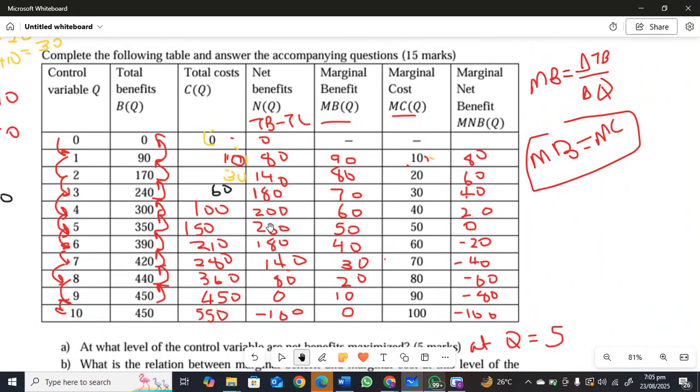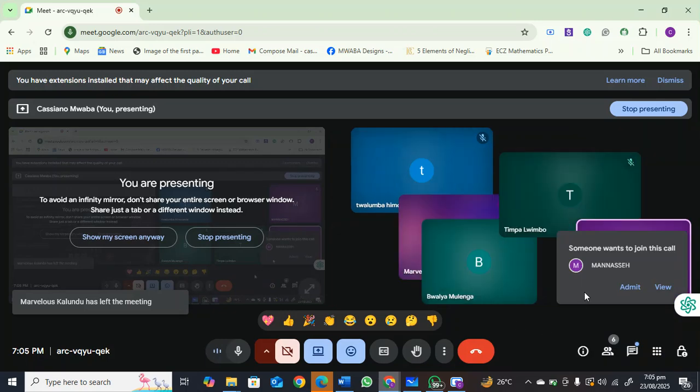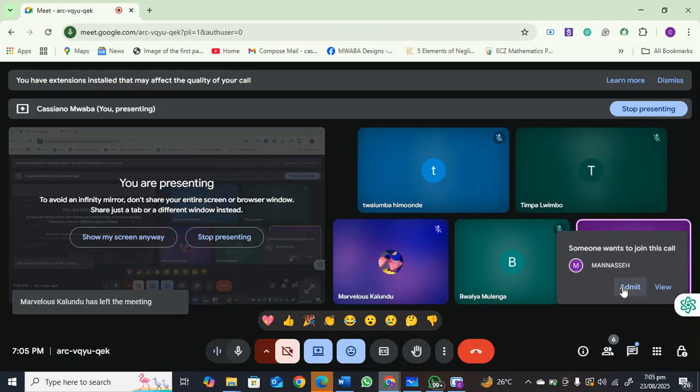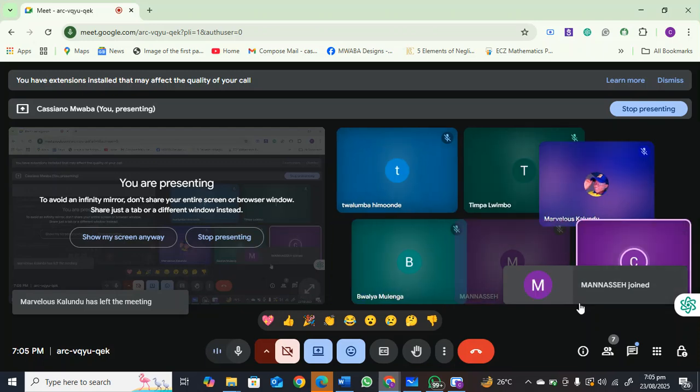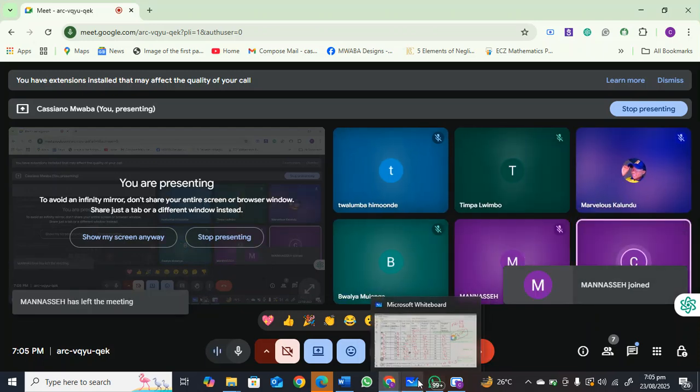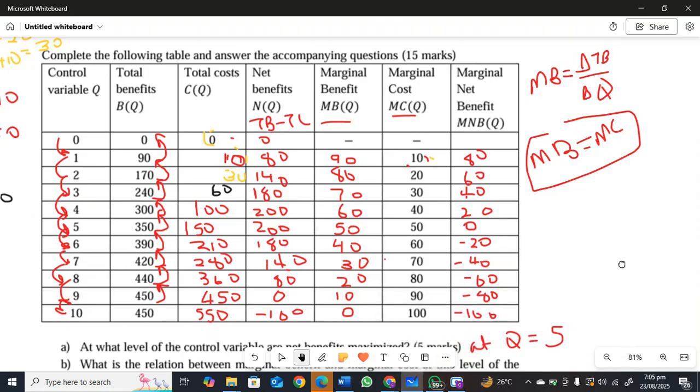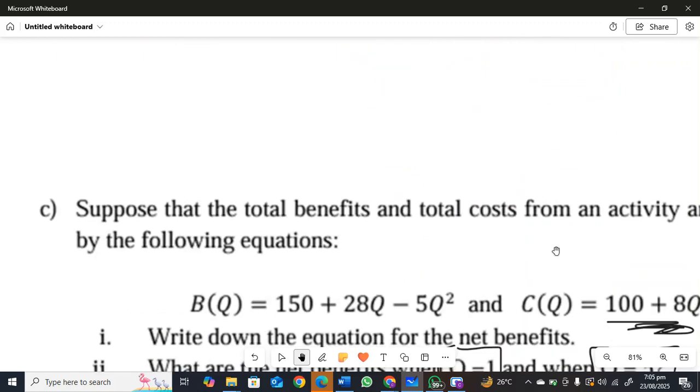Where the net benefit was maximized here, 200 units, marginal benefit equals marginal cost, they are equal. And have you seen marginal net benefit is 0 here? So if they ask you to find the point where you maximize net benefits, it is the point where marginal net benefit equals 0, or the point where marginal benefit equals marginal cost.